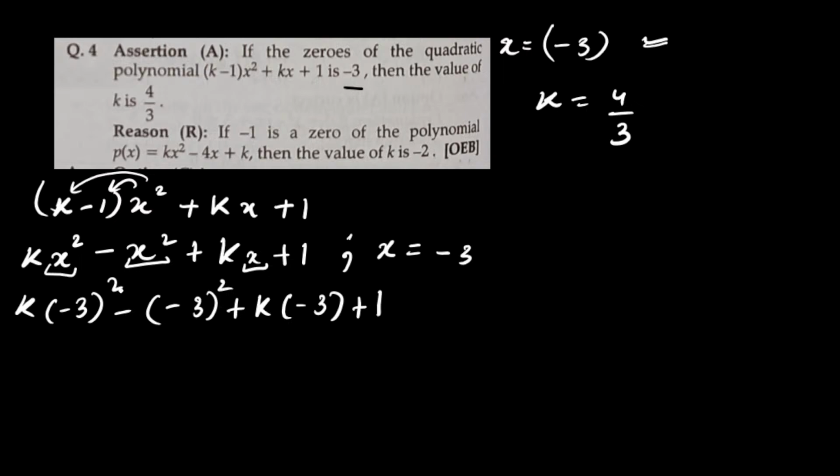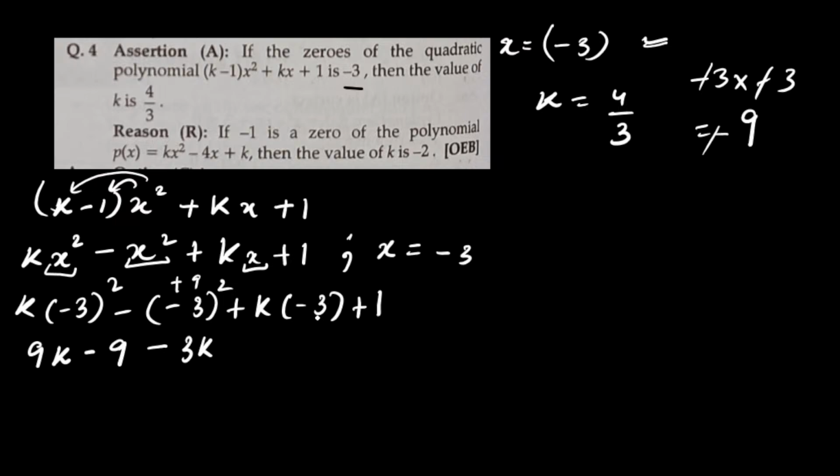Square of a negative is always positive, so -3 square is -3 into -3, minus and minus cancel, so 3 into 3 is 9. So this becomes 9k. Here again the square is there, so -3 square is 9, and because of this minus it becomes -9. Then 3 into minus k is -3k, plus 1. Its remainder we will get equal to 0.